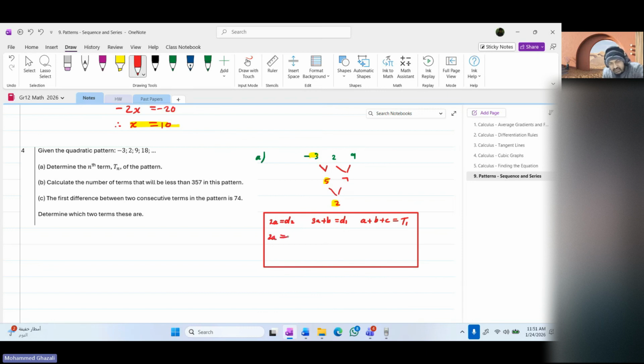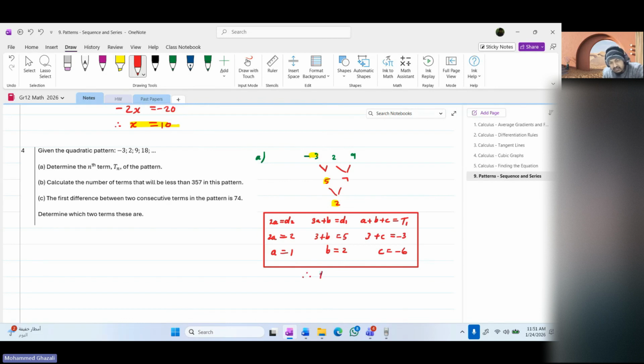So 2a is equal to 2. So a is now equal to 1. 3 times 1 is 3. 3 plus b is equal to difference 1. Difference 1 is 5. So b is equal to 2. Okay? Because 5 minus 3. And then a plus b is 2 plus 1, which is 3. 3 plus c is equal to what's term 1? Negative 3. Therefore, the value of c, taking the 3 over, c is equal to negative 6.